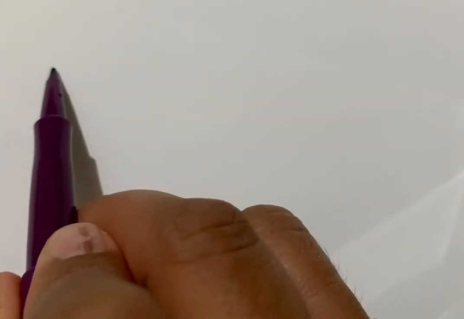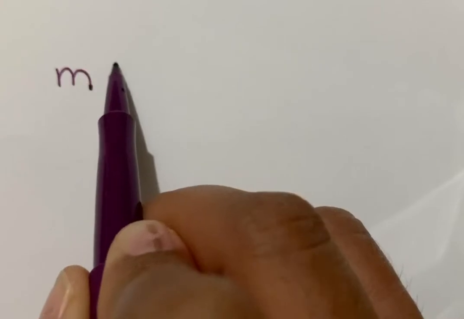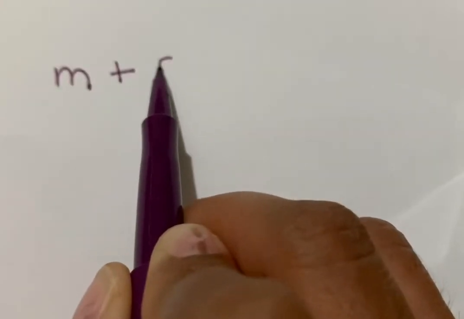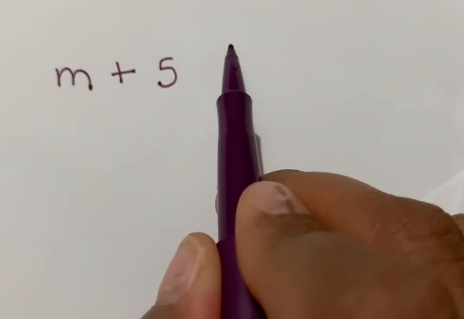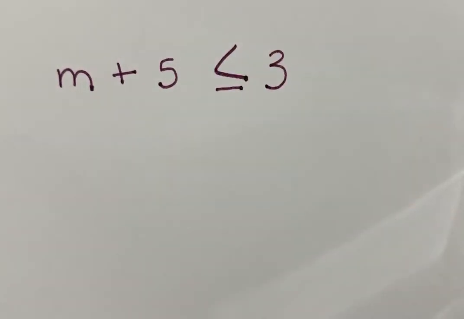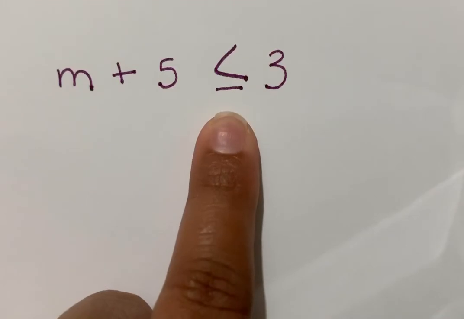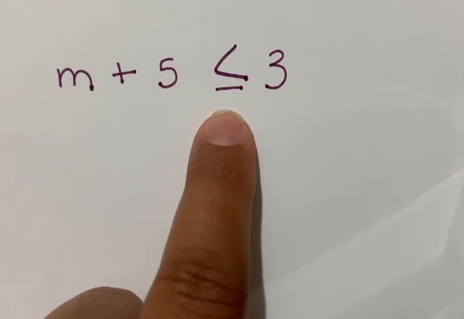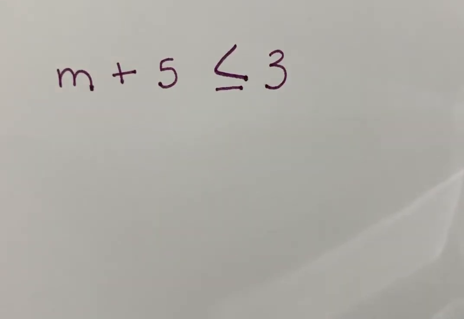Okay, so with our first example, I have m plus 5 has to be less than or equal to 3. In this particular problem, it's just like solving one-step equations, the only difference being that instead of an equation, you have an inequality, or an equal sign, sorry.